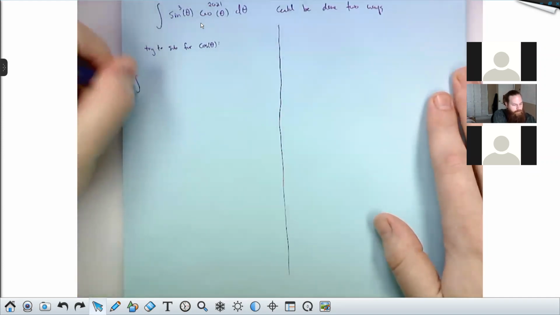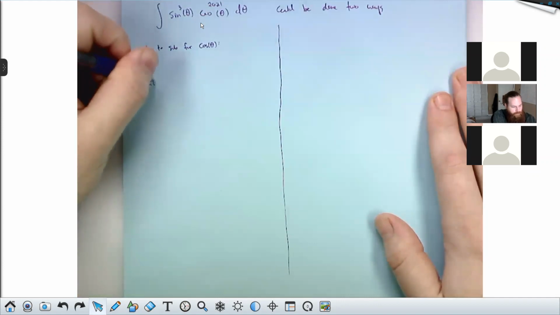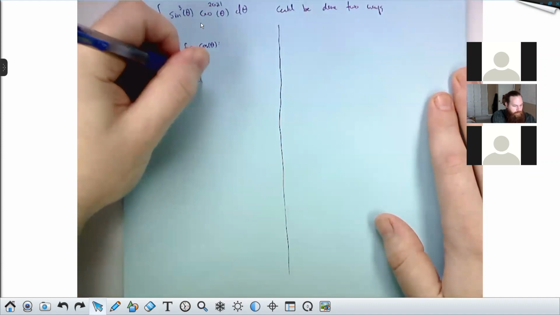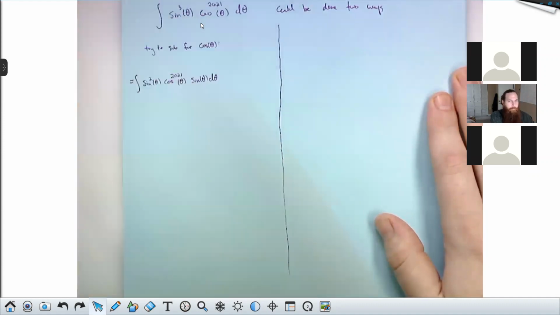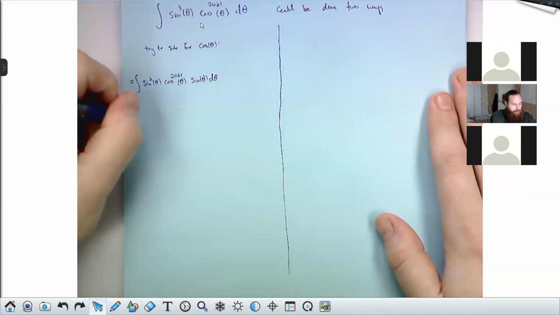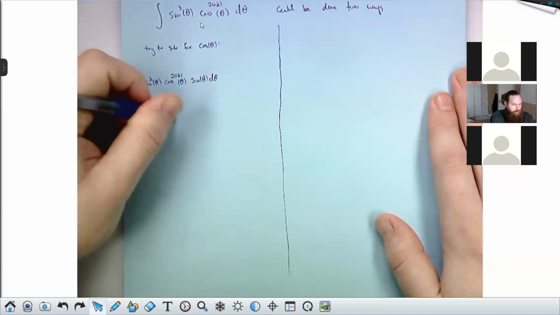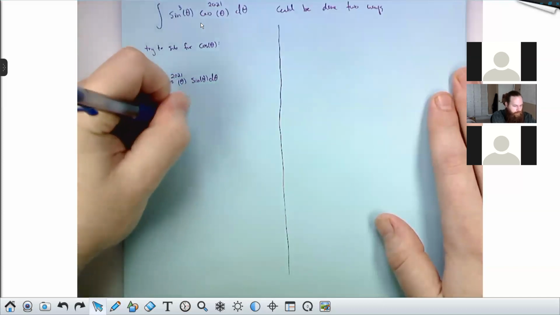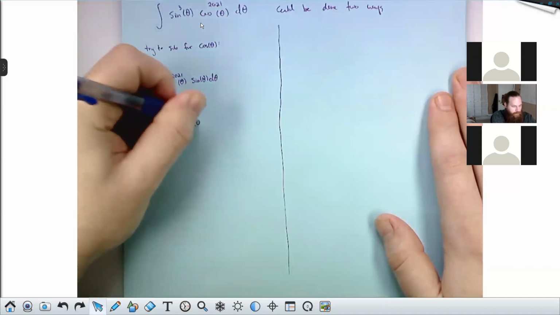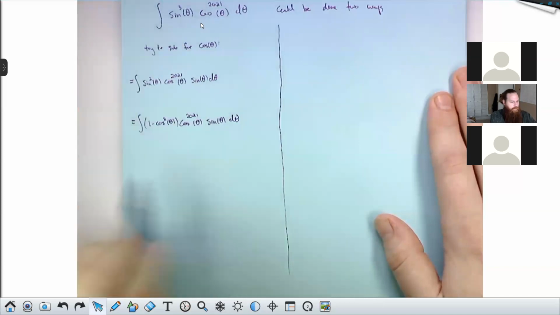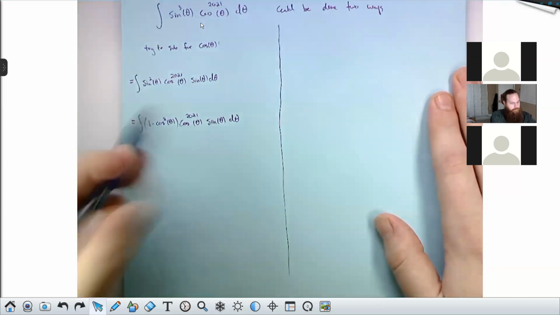So there I would say my integral is equal to sine squared theta cos 2021 theta times sine theta d theta. Then I rewrite the sine squared as parentheses 1 minus cos squared. And everything else just comes along for the ride. Cos 2021 theta sine theta d theta. And now at this stage, I'm ready to substitute for cosine.